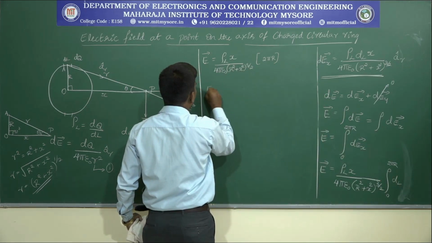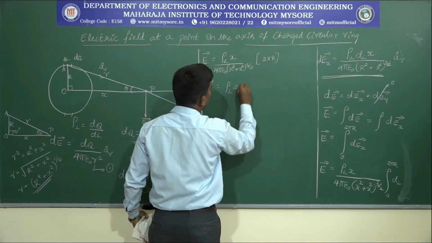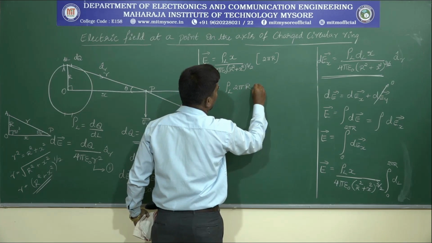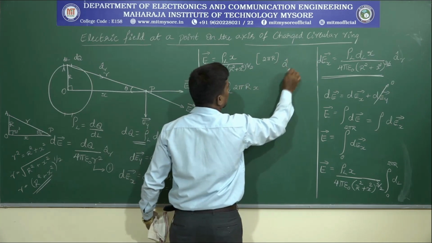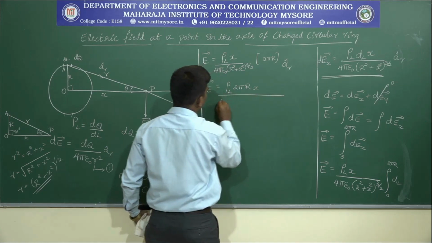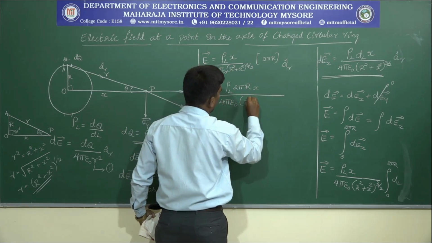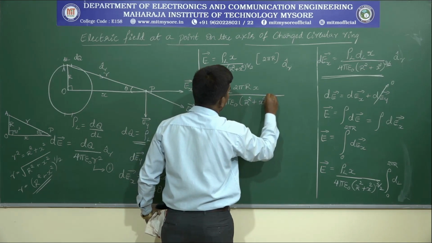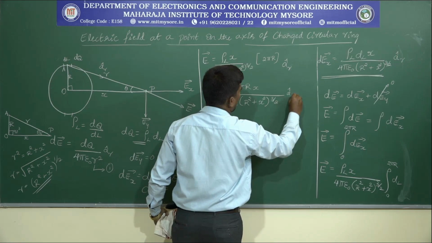Then the equation becomes E is equal to rho L into 2 pi r into x, this remains constant, divided by 4 pi epsilon naught into (r square plus x square) whole power 3 by 2 into a cap r.